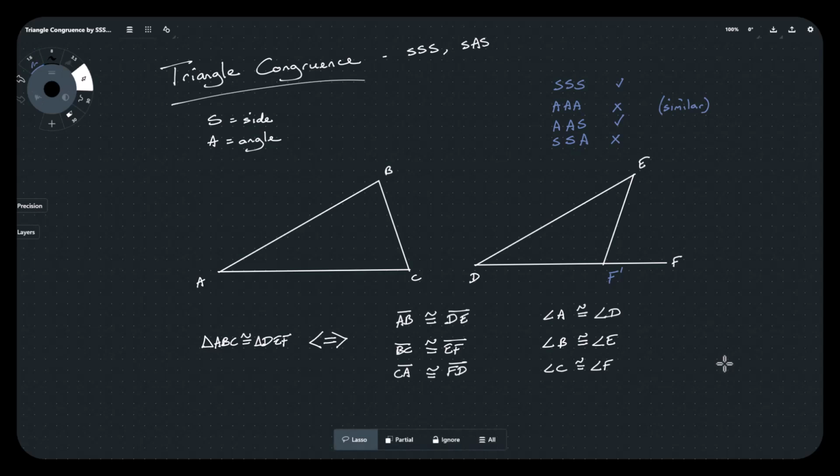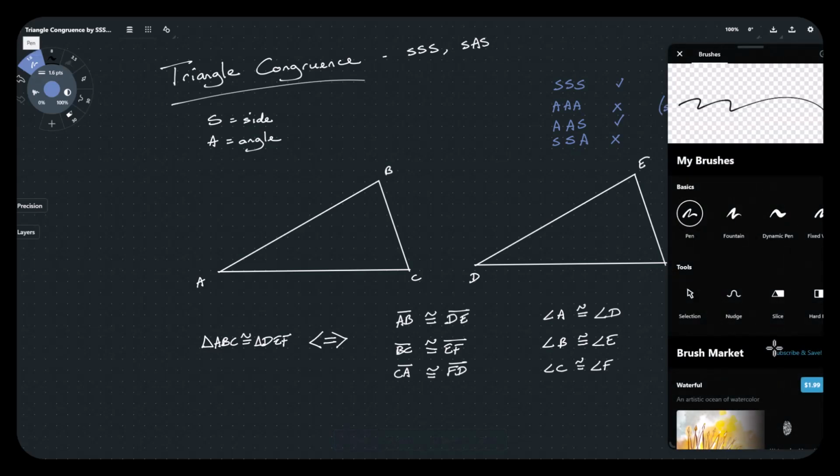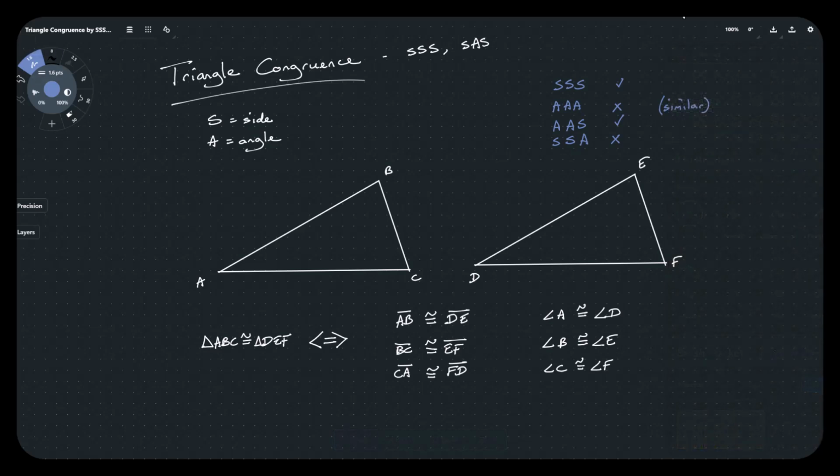Let's go back and fix this. One more combination to try. Let's take a look at side, angle, side. I know the answer because it's right here in the heading, but side, angle, side.